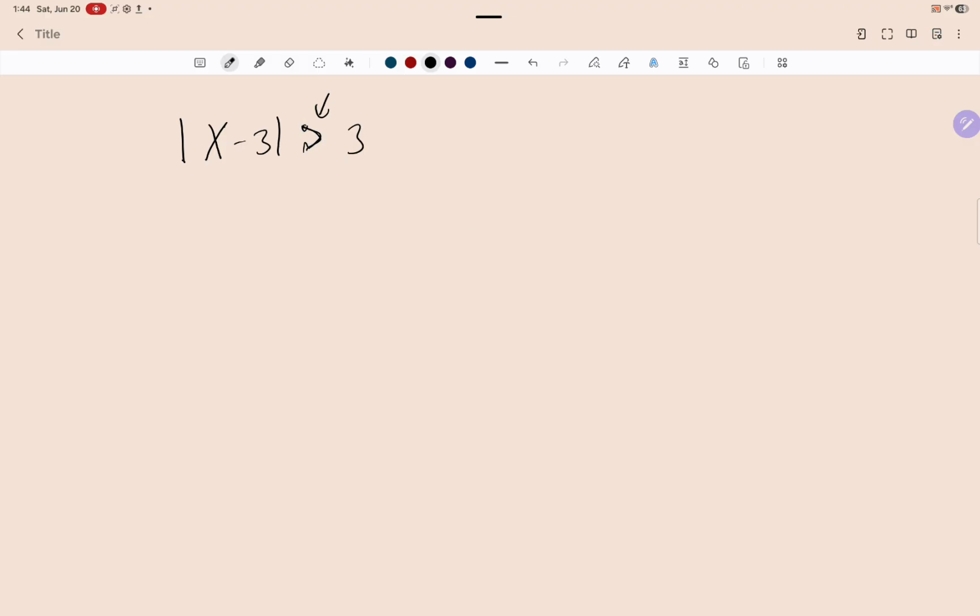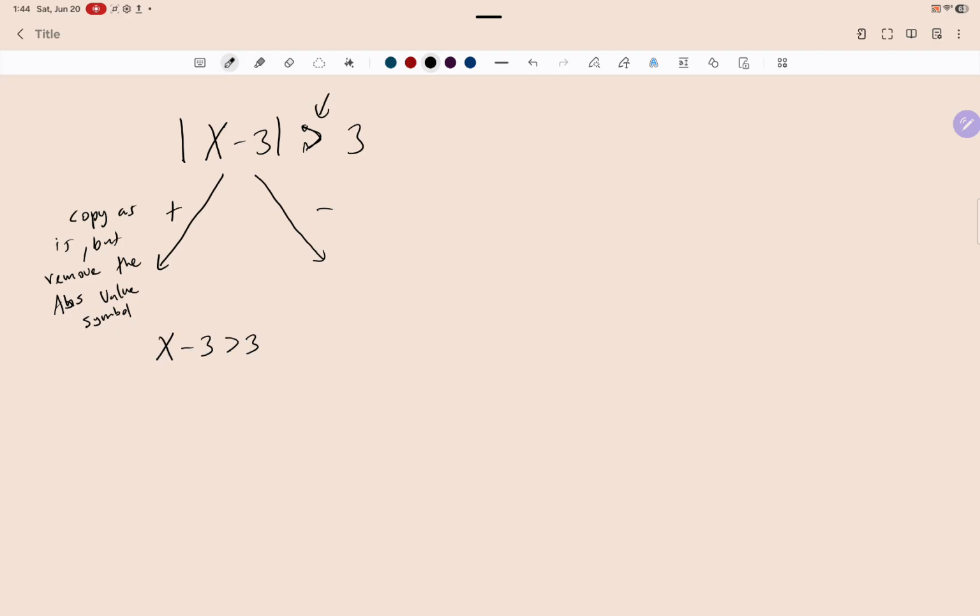So just recall for the absolute value function, we have two cases. We have the positive case and we have the negative case. For the positive case, you're just going to copy as is, but remove the absolute value symbol. In other words, just remove the absolute value symbol and copy it as is. This is the positive version.